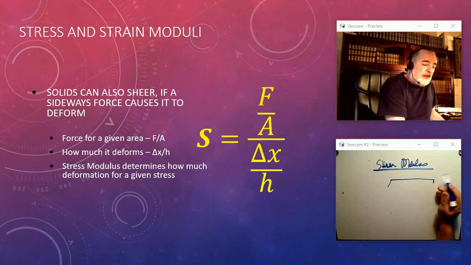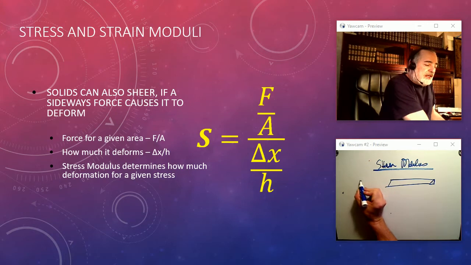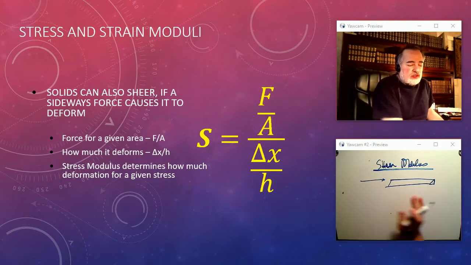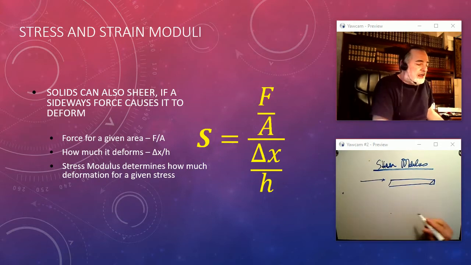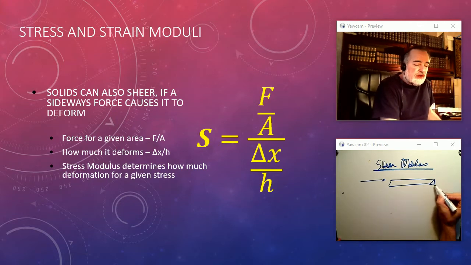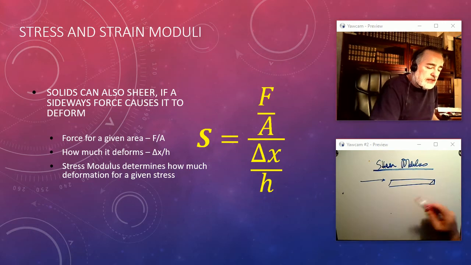If I put enough pressure on it, it's going to shear a certain amount. If I'm putting a tangential pressure on this, applying a tangential force to shear it off to the side, something that would normally be like a book straight up and down, I've sheared it by a certain amount, a change in distance here.